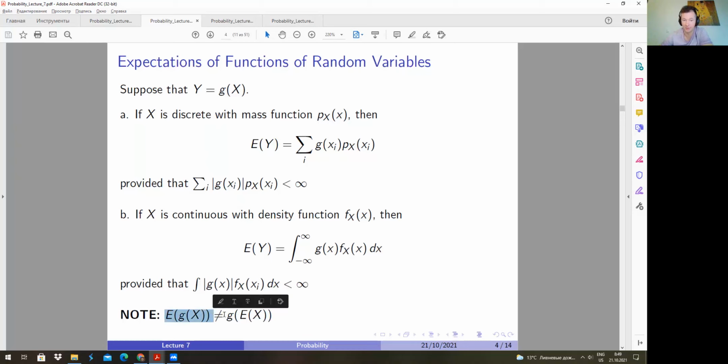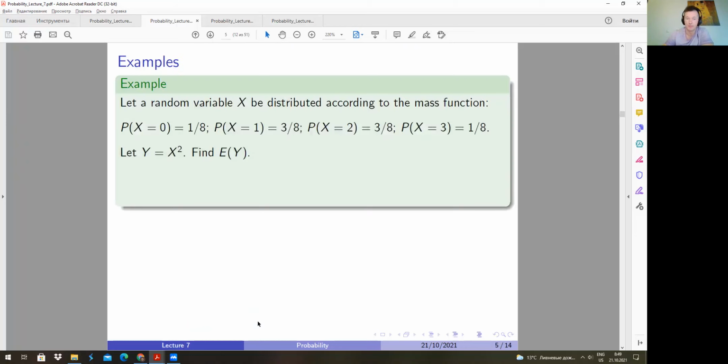So 3 is not equal to 9 over 4. That's what you need to understand. So you cannot simply take the expectation of x and square it in order to get this value. No, they are not equal. So here is 3, and 3 is not equal to 9 over 4.